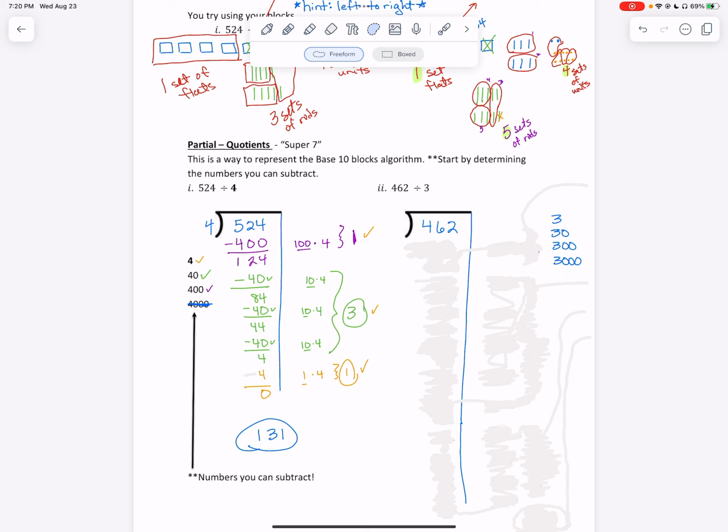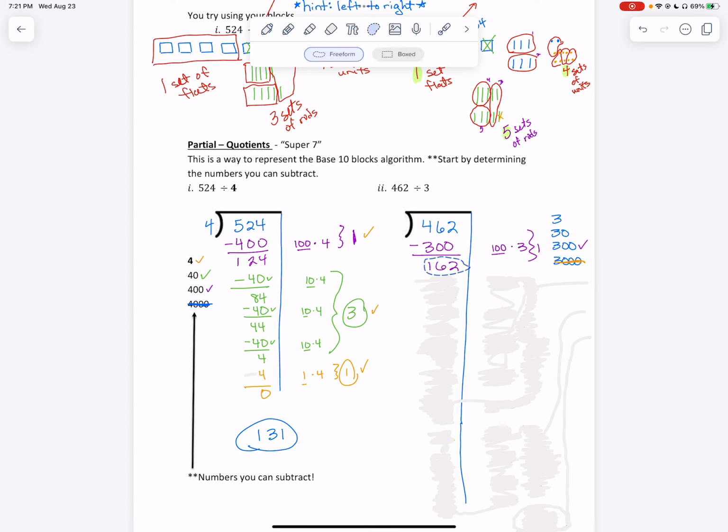Okay. Now, we can't take away 3,000 because we don't have enough, right? Cross that out. So now we're going to start subtracting. We're going to subtract 300. So when I subtract 300, I can only do that once, right? I can only do that once, because all I have left is 162.